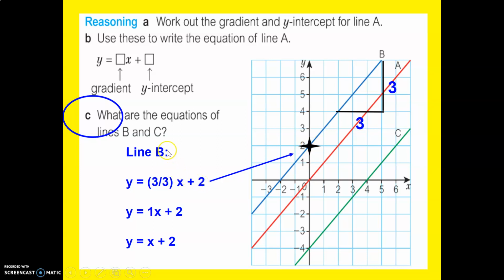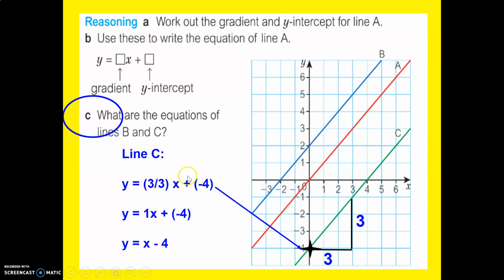Therefore, line B has an equation y equals 3 over 3, x plus 2. 3 over 3 is 1. The equation of line B is y equals x plus 2. How about line C?